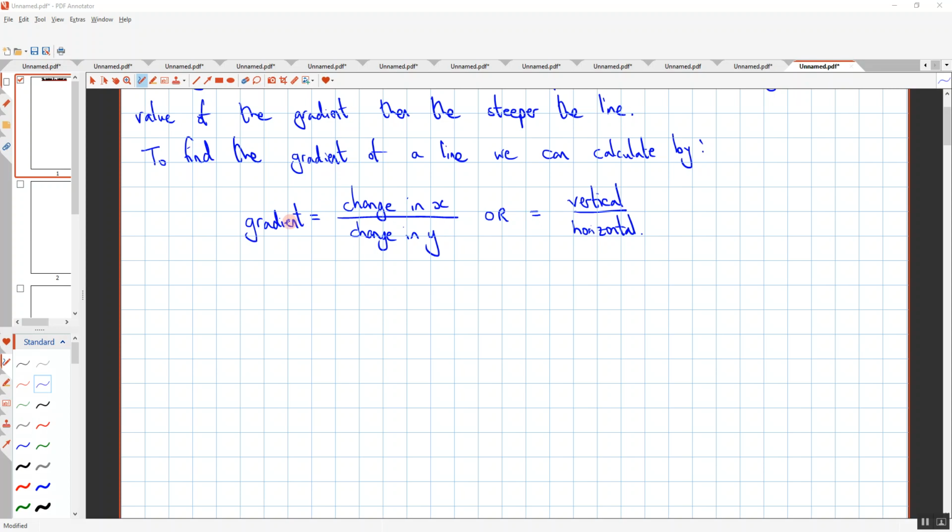So gradient, we work it out by doing the change in x divided by the change in y, or another way to think about it is vertical divided by horizontal. So, for example, let's imagine, so you can just draw this as a sketch. Try and do it as accurately as possible as what I'm doing.